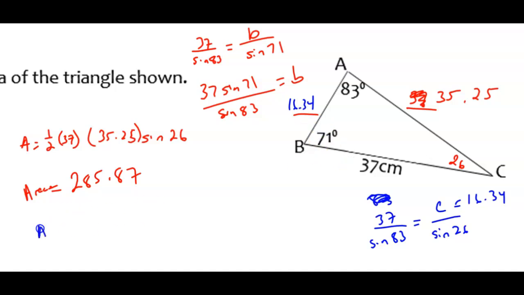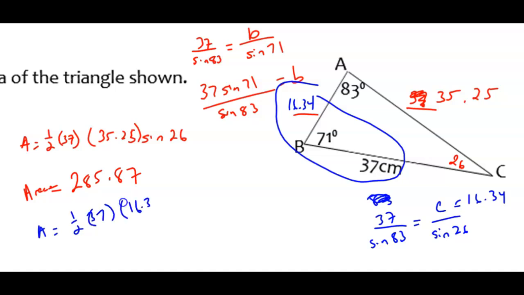If we found the area using this included angle and these two sides, you'd have 1/2 times 37 times 16.34 times sine of 71.